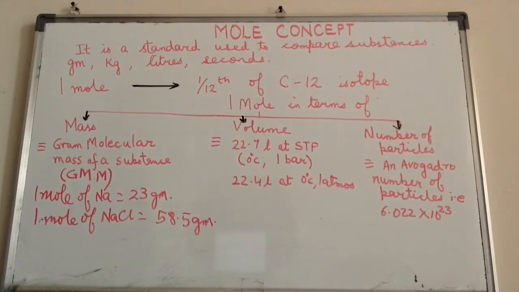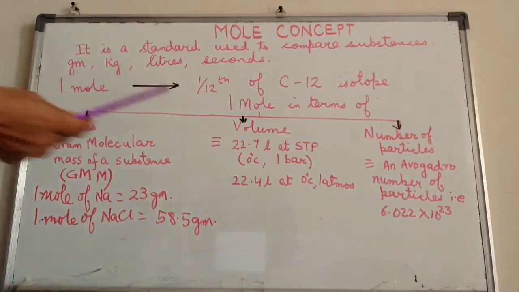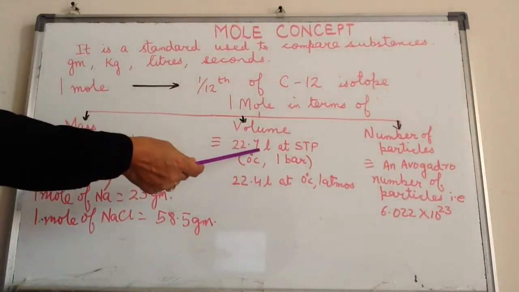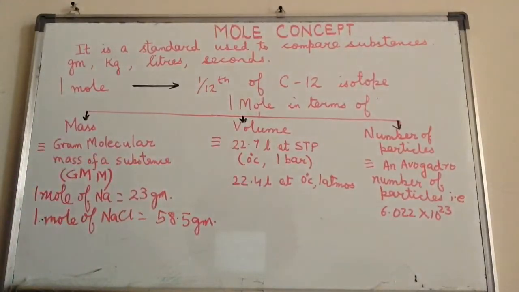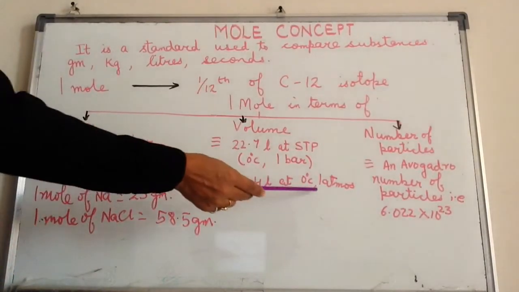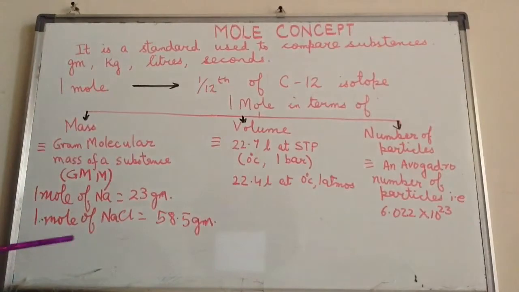If I have a substance in the form of a gas, then mole simply means the volume of that gas under conditions of standard temperature and pressure. If you notice over here, I have written two values, 22.7 and 22.4. There is a difference in the units of the pressure used.